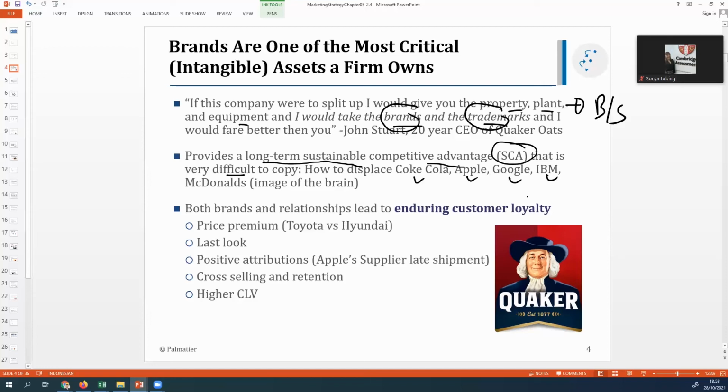And having the brand combined with the relationship leads to customer loyalty. Having the brand and the relationship towards the offer leads to enduring customer loyalty.